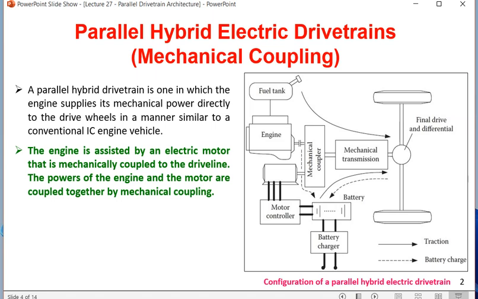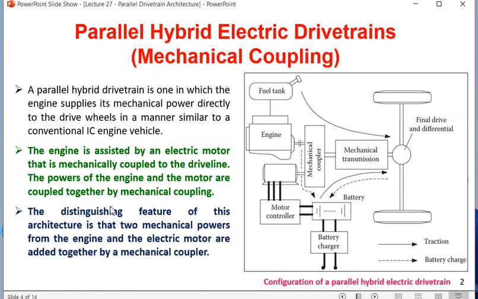So whenever there is too much demand of power, at that time engine and electric motor together generate the mechanical output. That mechanical output from each stage is getting coupled in the mechanical coupler. Powers of the engine and motors are coupled together by the mechanical coupling. I told you there are two types of coupling, speed coupling and torque coupling. We will see that.